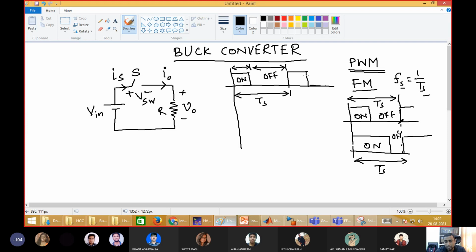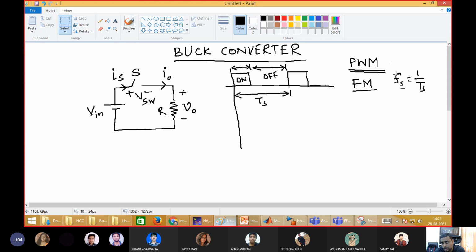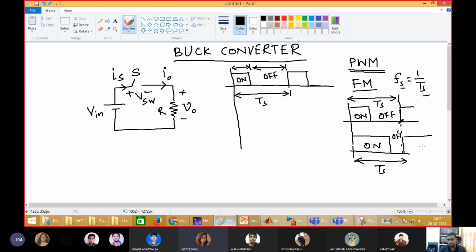What is frequency modulation? Now can you guess? We change the time period of operation. What about changing the frequency? Then what will we do with the pulse width? The width will remain constant, but we will change Ts. Very good. So here the duty ratio D1 is T on by Ts.